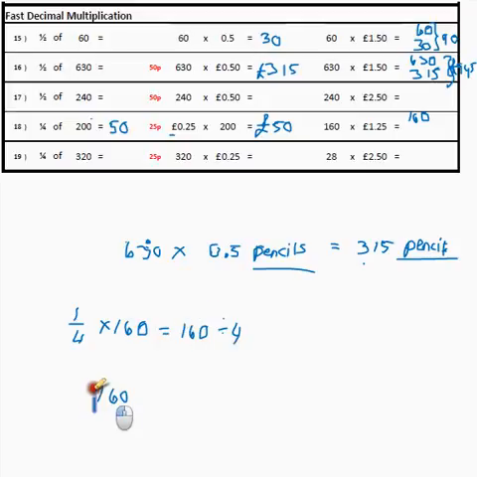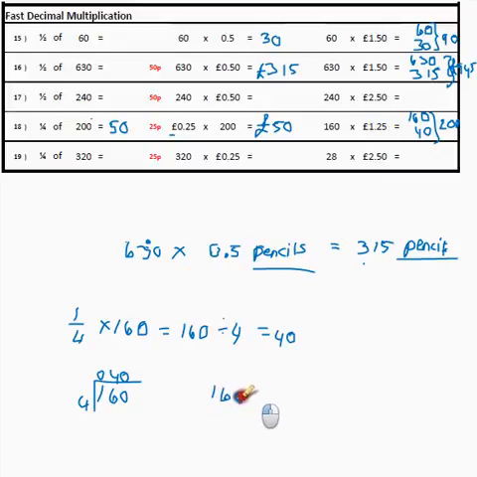The first one go under the bus stop. 4 go in 16, 4. And 4 goes in 0, 0. Remember that was a placeholder there. So the answer is 40. So a quarter of 160 is 40. I know from experience that my students find this quite hard.